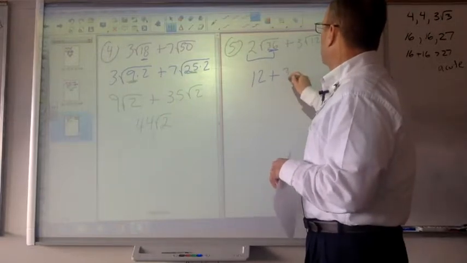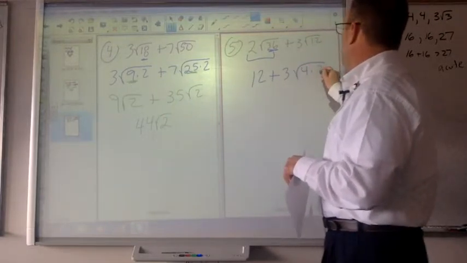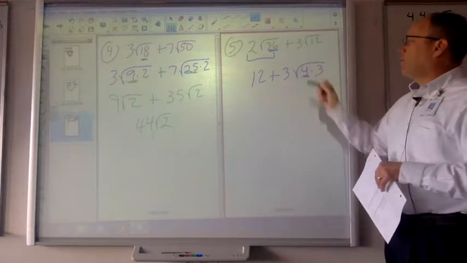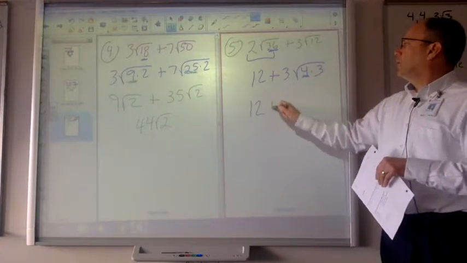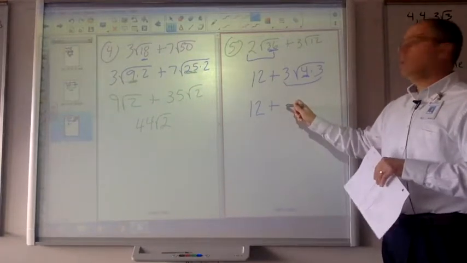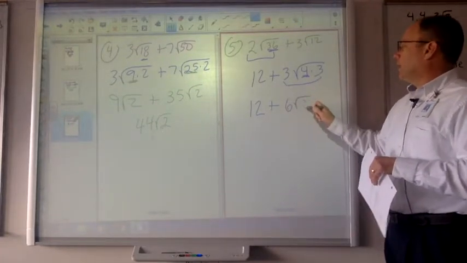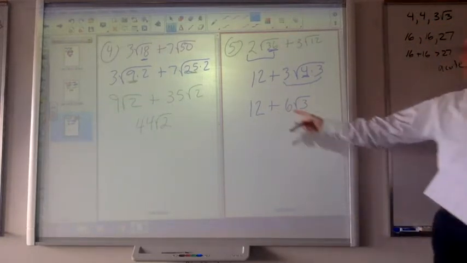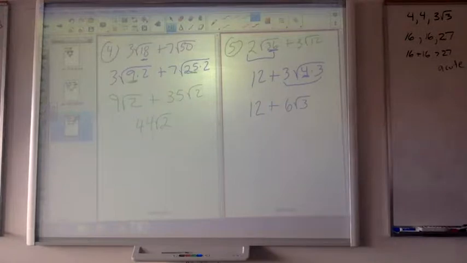Plus, and then this is going to break down to 3 times 4 times 3. The reason I'm using 4 times 3, not 6 times 2, is 4 is the largest perfect square that goes into 12. So what's the square root of 4? 2. So what does this become? 6 square root 3. Can I go any further now? So I have a whole number added to a radical, so it has to stay split apart like that.